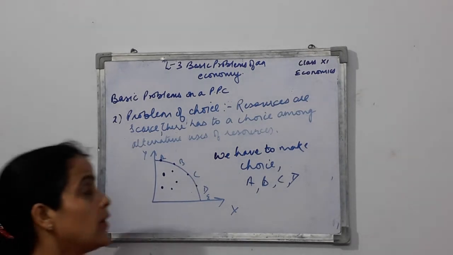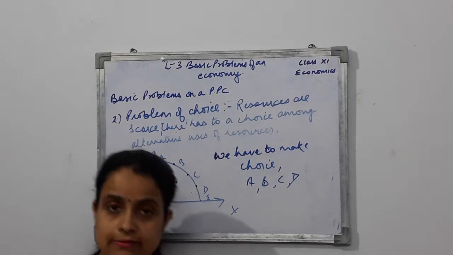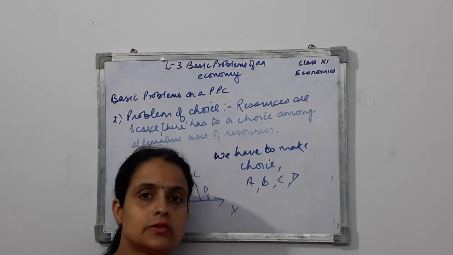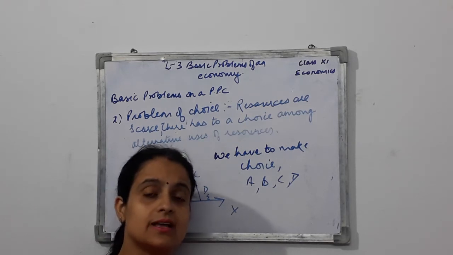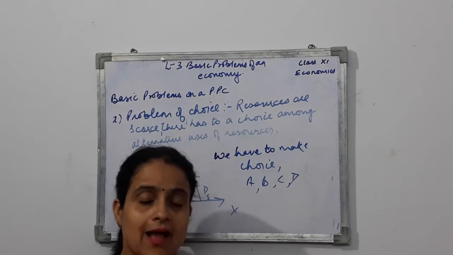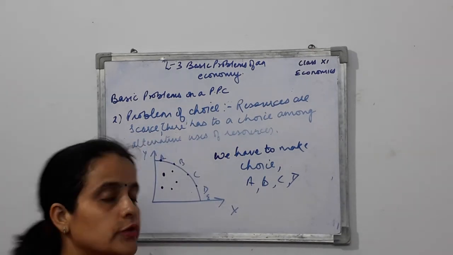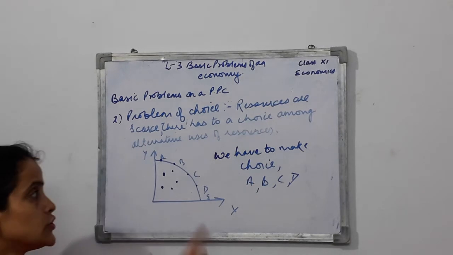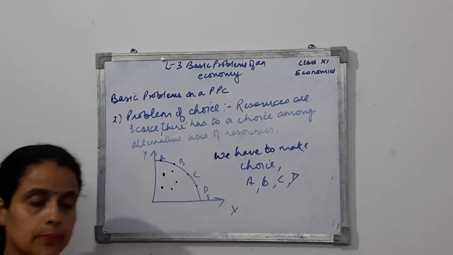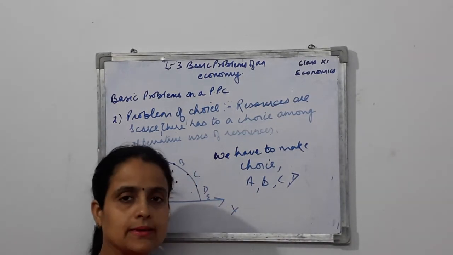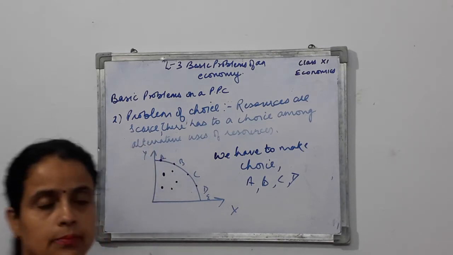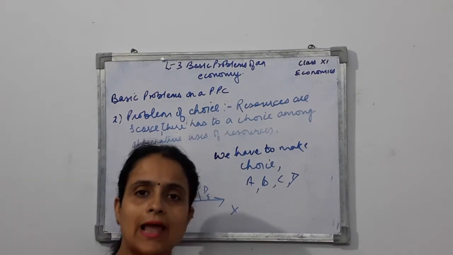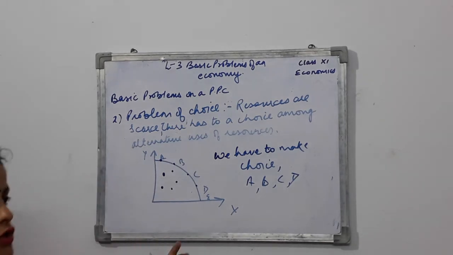As I told you earlier also, every resource has alternative uses, and the producer has to make a choice that which combination should he go for. Should he go for these points on the PPC or points inside the PPC? So with the help of a PPC, we can also show the different combinations and the choice that is taken up by the producer.